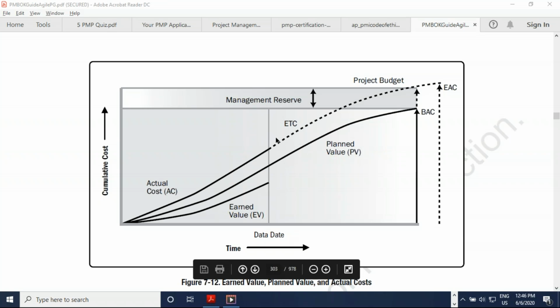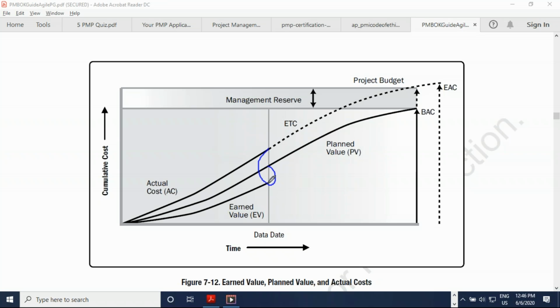So given a chart like this, if you have a question to decipher this chart, then this project is behind schedule and over budget.